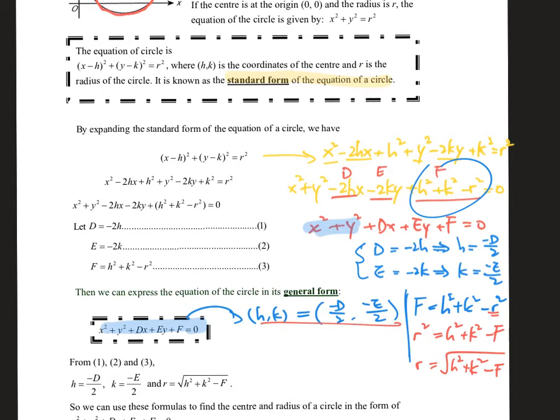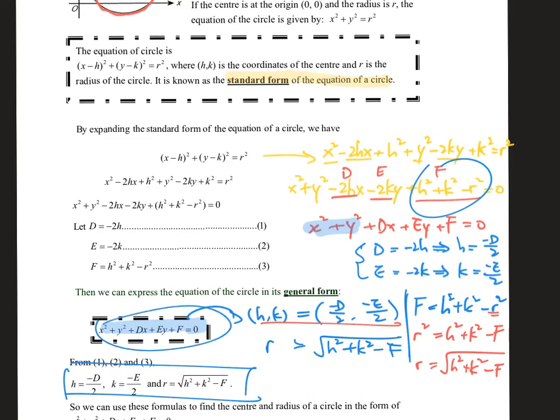In order to find the radius r, you have to first of all find the center, square them, and add them up, and minus F finally. So these are the two, or kind of like three, formulas you have to remember in case you have a general form, or I simply call it the expanded form, of the equation of circle.